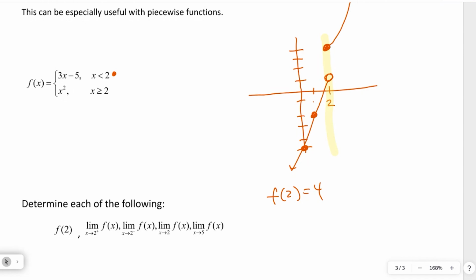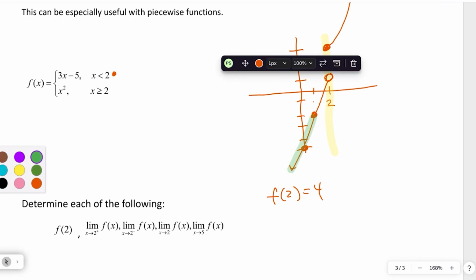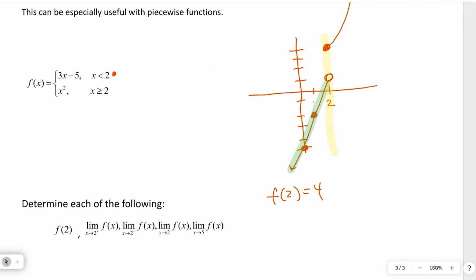What's the value of the limit as x approaches 2 from the left? From the left would be from this direction. So it's 1. This one actually asks for the right first, but that's okay.